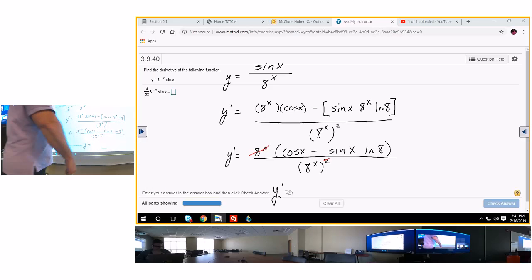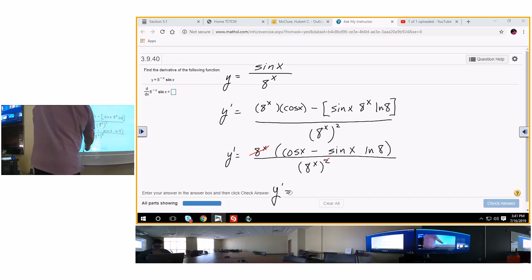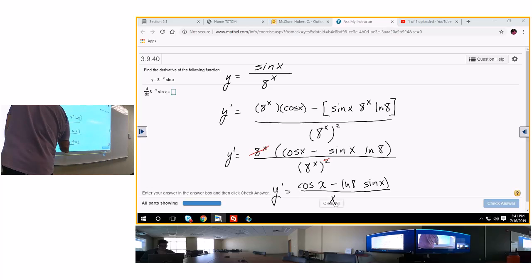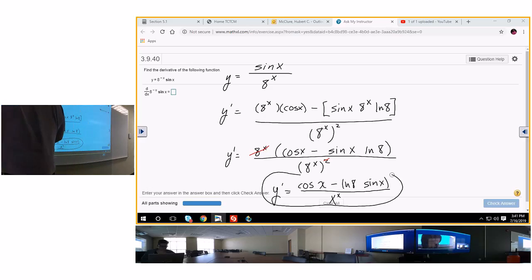We'll do the product rule next. Y prime is equal to the cosine of x minus natural log of 8 times the sine of x. And if you work with the natural log, you'll get the same answer.